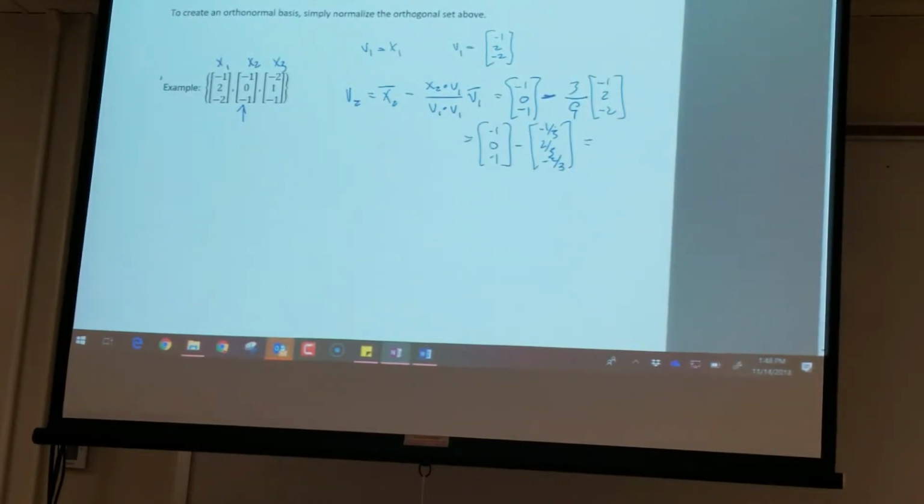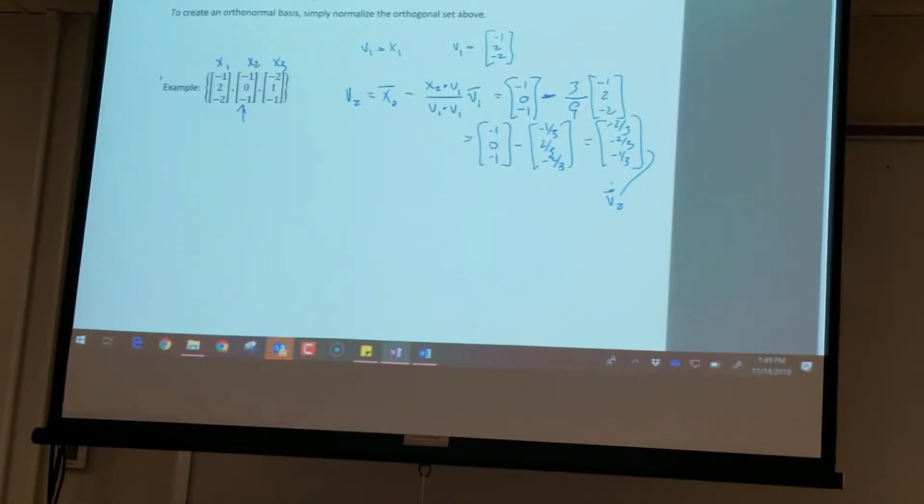So v1 minus positive, so that's positive negative 2/3 and negative 2/3 and negative 1/3. So that's v2. Is it? No? So, does this work?